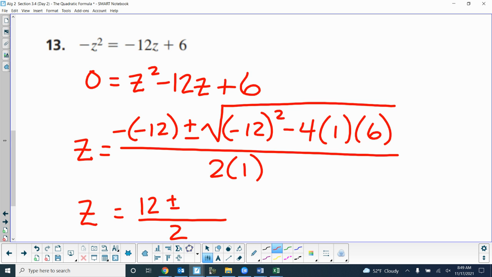My denominator is 2. And then my numerator, that's 144, negative 12 squared. And then negative 4 times 1 is negative 4 times 6 is negative 24. So what's that, 120?